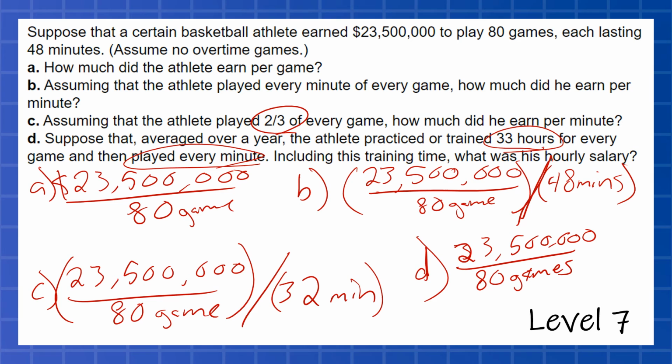Okay, but each game cost them 33.8 hours. Okay, why 33.8? Because of 33 hours for every game in practice, plus the 48 minutes, or 48 out of 60 for the time they played in the game.